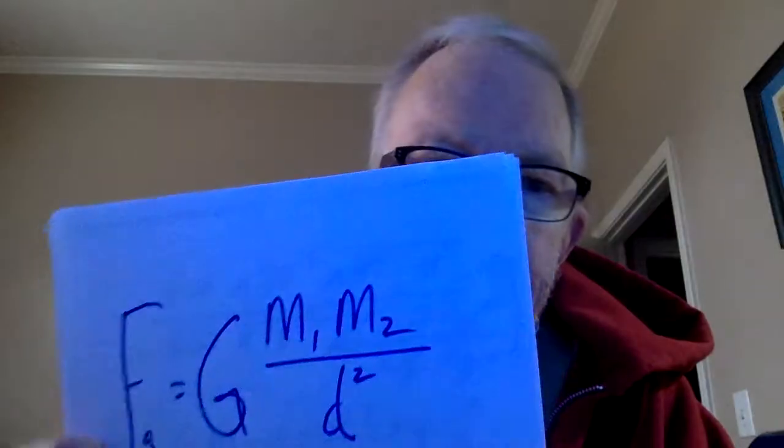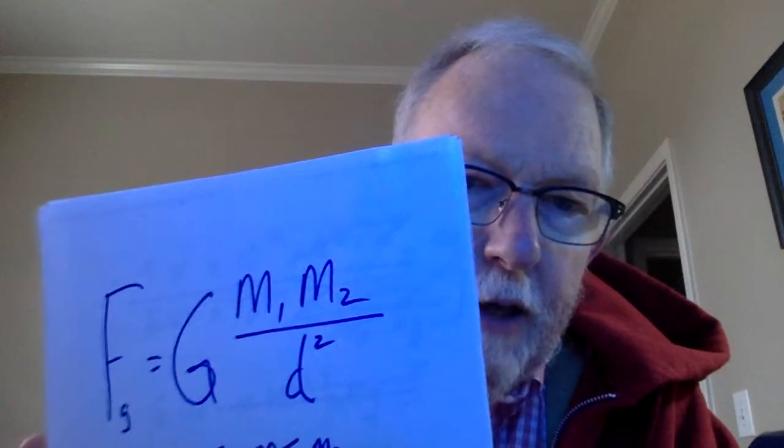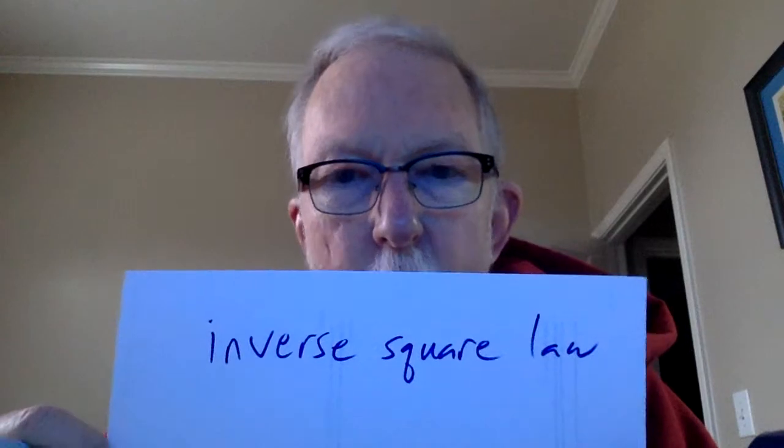I wanted to talk about this formula again and use the term inverse square law, which says that the gravitational force is inversely proportional to the square of the distance. This was part of Newton's genius as well.